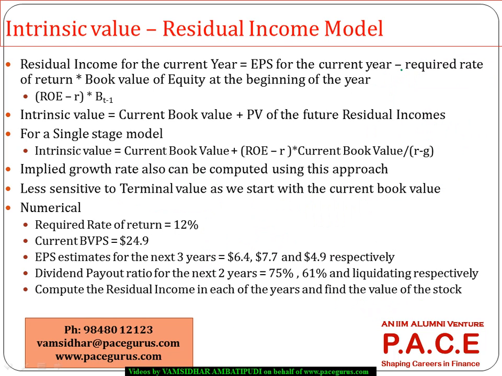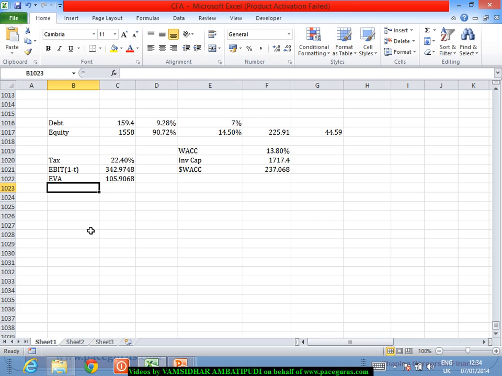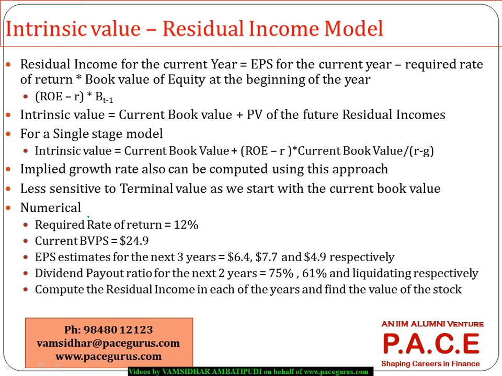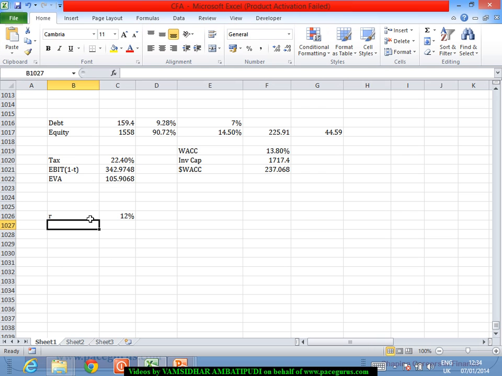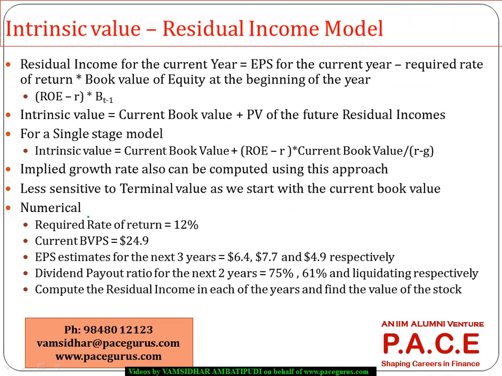We are expecting that the required rate of return R is 12%. Fair enough. Let me take the numbers. R I am expecting as 12%. Current book value per share is $24.9. Fair enough. So to this 24.9, I have to do the futuristic estimations.